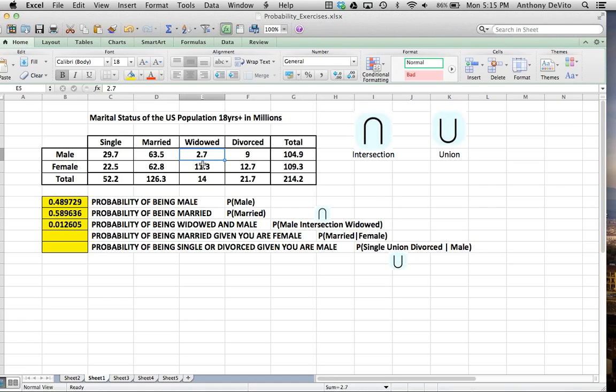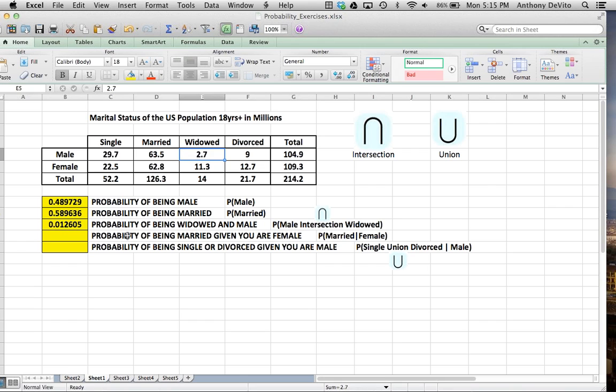If we drew these as two Venn diagrams, we would have one circle which represents the males and another circle which represents people that are widowed, and the people that satisfy both conditions would be these 2.7 million. They're the intersection of that diagram.